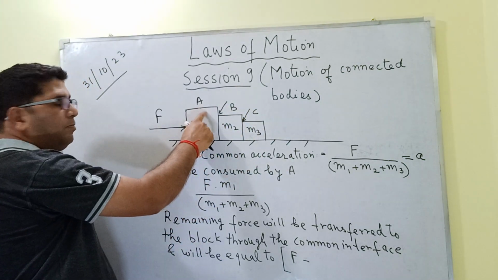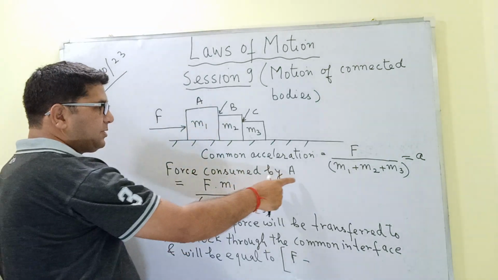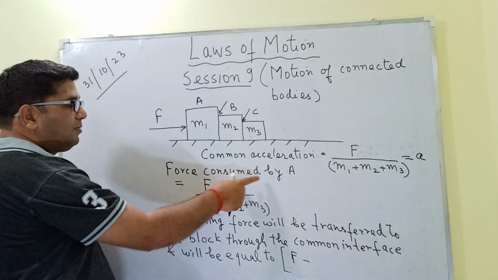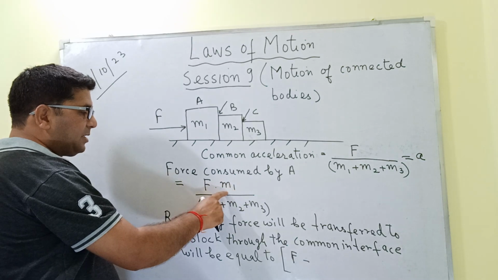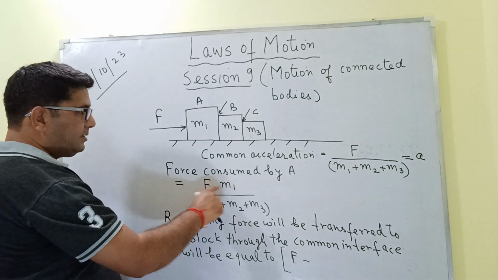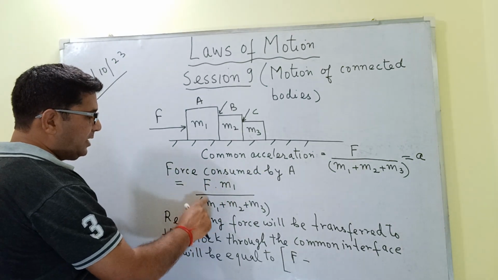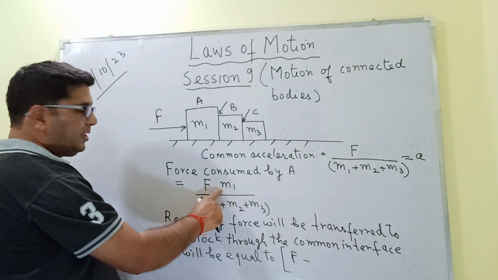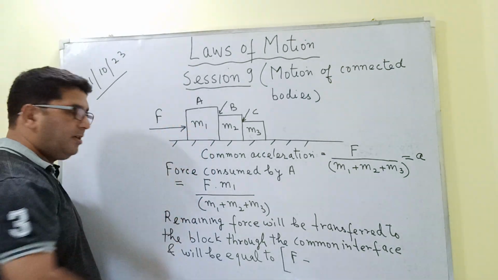So since this block A is moving with an acceleration a, the force which will be consumed will be equal to acceleration into mass, that is F divided by m1 plus m2 plus m3 into m1.